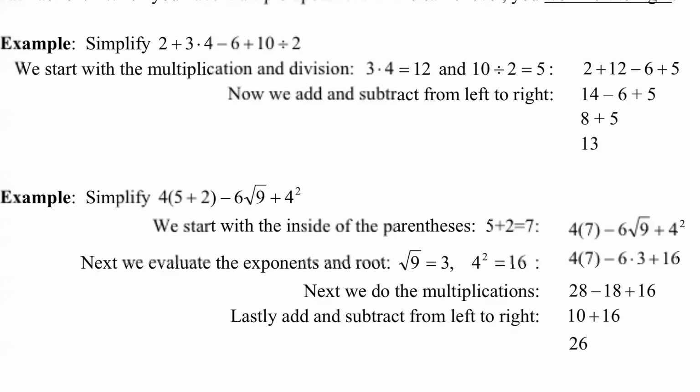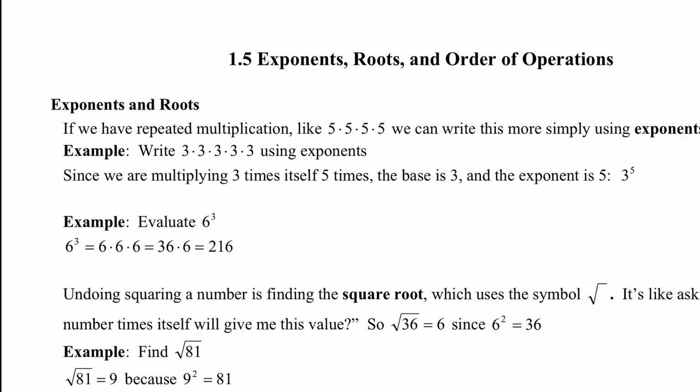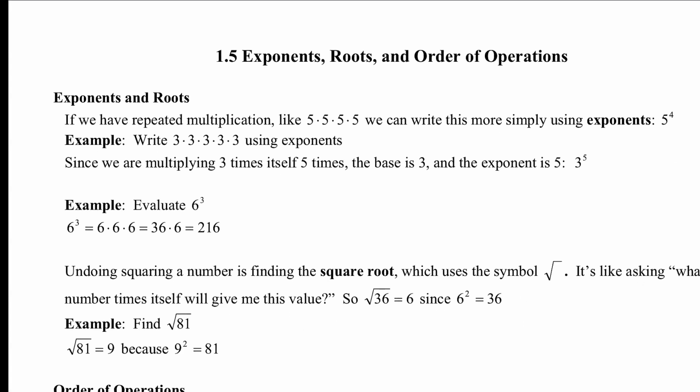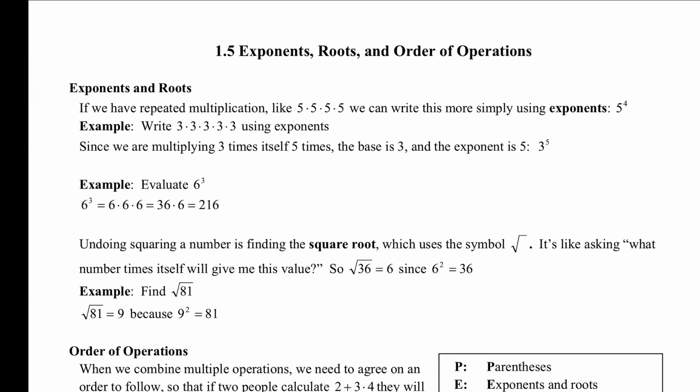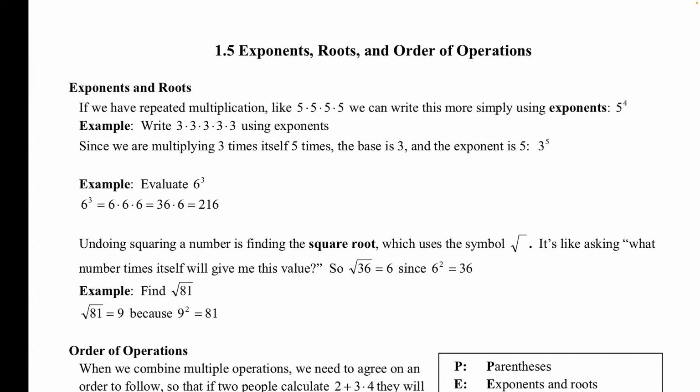Okay, so now I'm going to go to the original page where we started here, and we use those exponents as a way of shortcutting the system. So here we have 5 to the 4th. That's just saying 5 times 5 times 5 times 5. So that's 625. How do I know that?